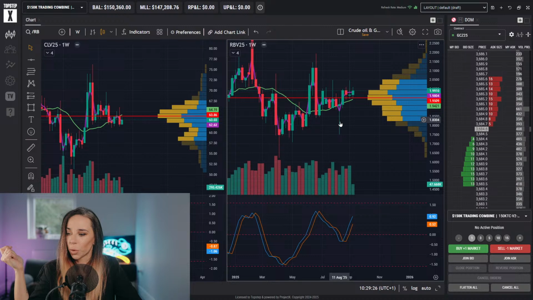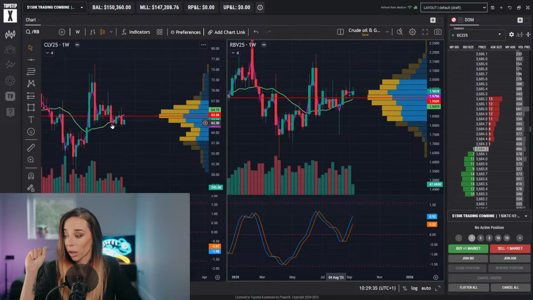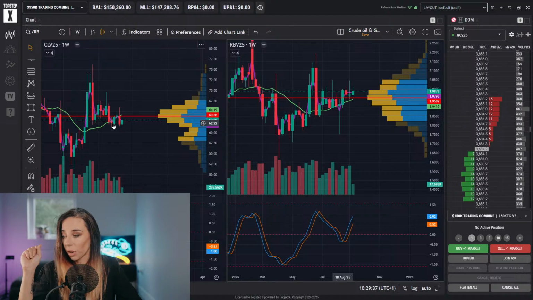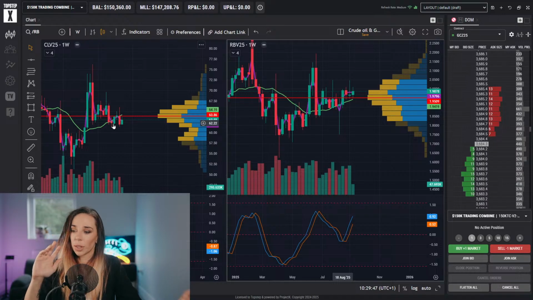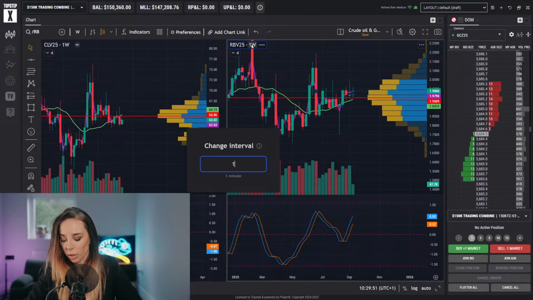So RBOB went nuts to the downside, then pulled all the way back up and ended up as a green candle, whereas crude oil ended up as a red candle. So very interesting. So the takeaway is if something's going on with Russia, you might see RBOB and crude oil for some reason diverging a bit more. Right, let's have a look at the dailies.